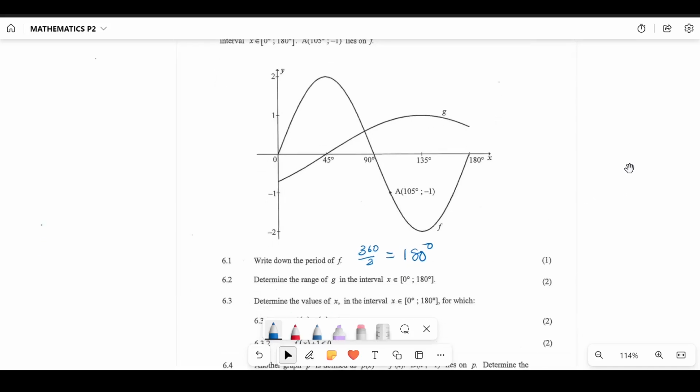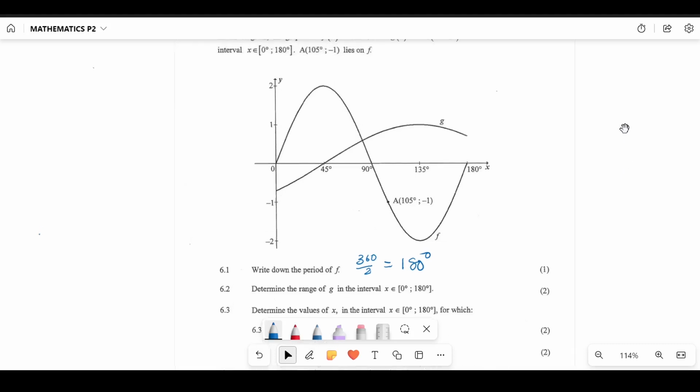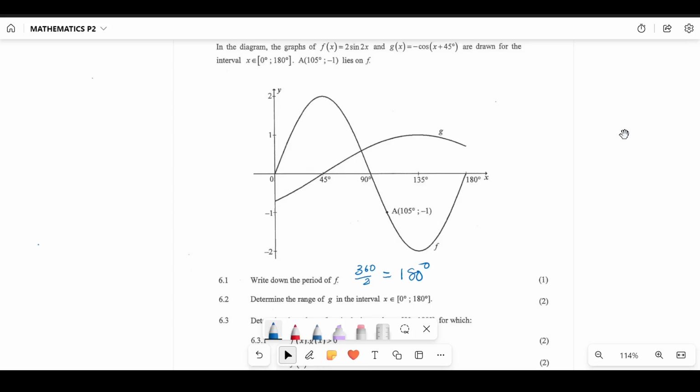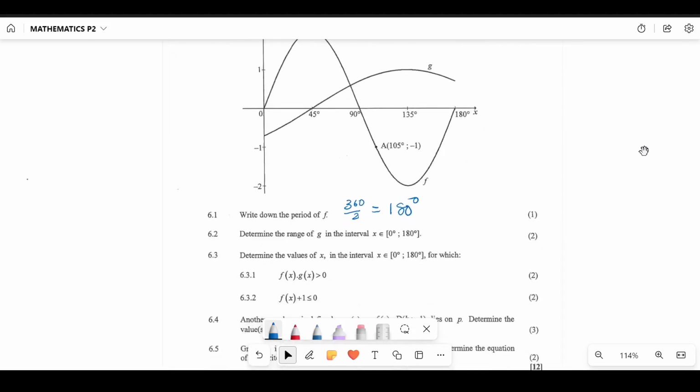6.2. The question is, determine the range of g in the interval x from 0 to 180. G is the cos function, g was negative cos x plus 45 degrees. The amplitude is still 1 because it's negative 1 here, so from the mother graph it hasn't gone up or down.